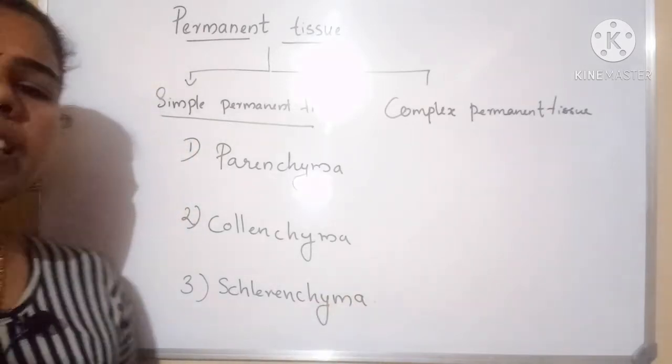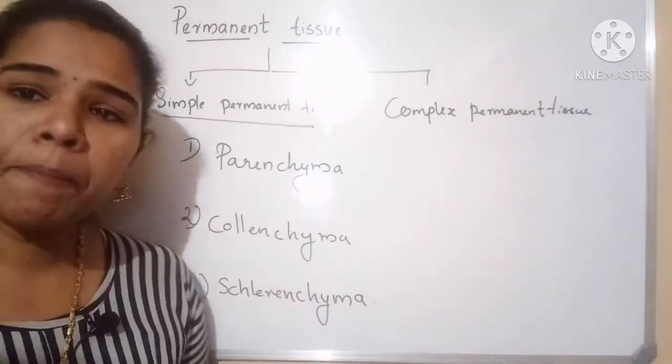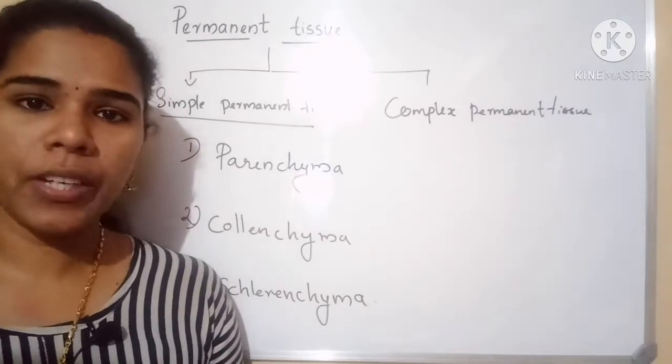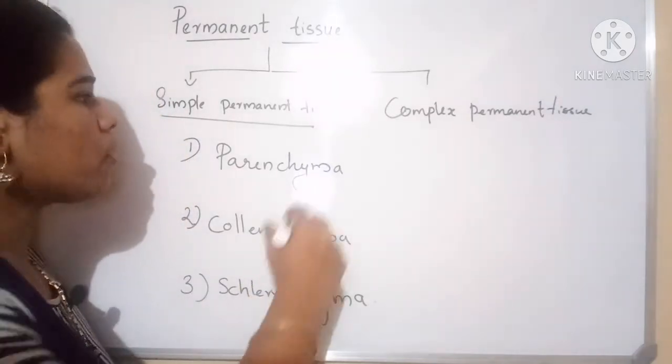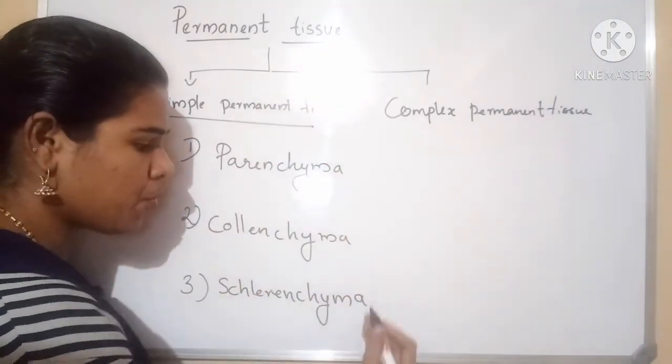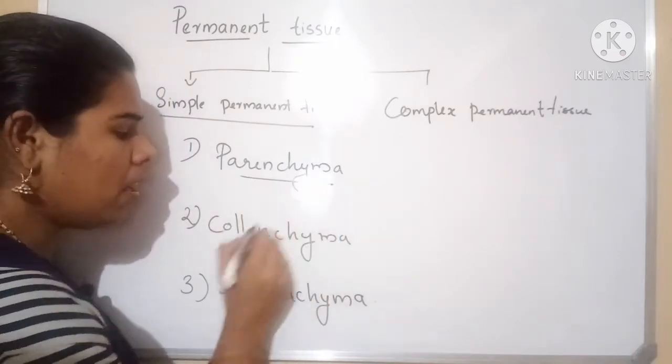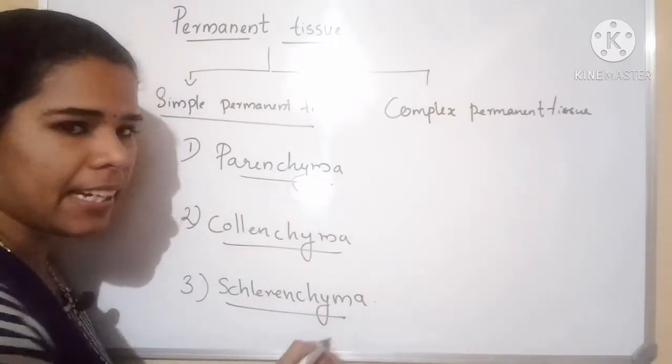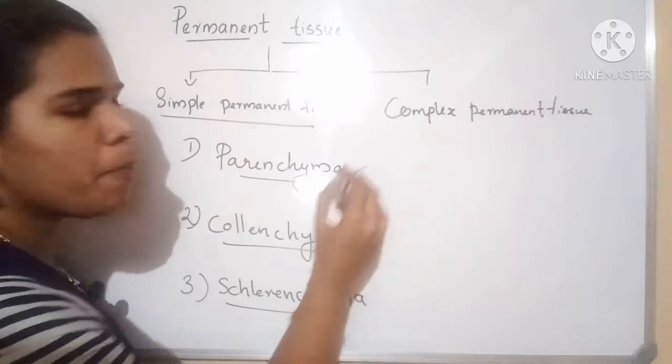These are the three types of simple permanent tissue. Today we learn about them in detail. First we move to parenchyma.